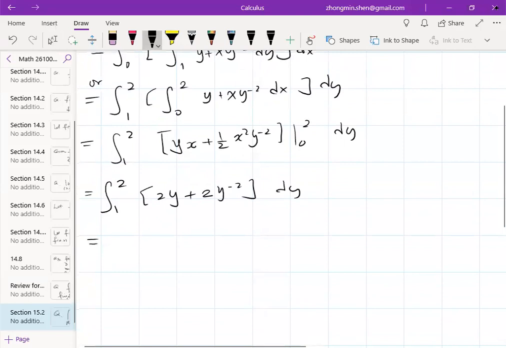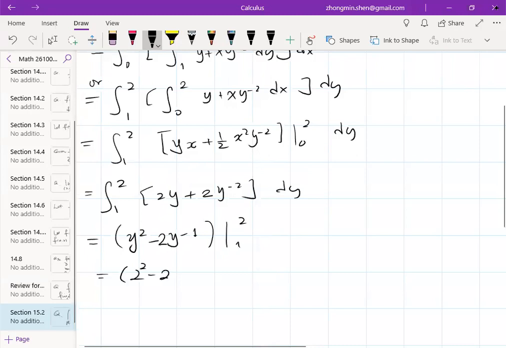Then by the same idea, find the antiderivative of this: negative y to the negative 1. When you differentiate that, I think I need a 2 here. Yes, I did not get the 2 earlier. So it's a 2, then evaluate at the 2 endpoints.